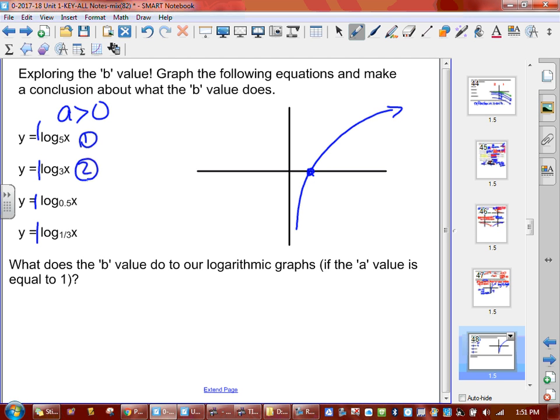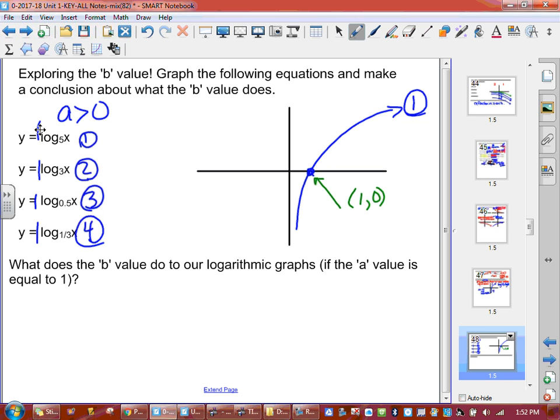The x-intercept will always be at (1, 0) for a log. We never have to calculate or find y-intercepts. X-intercepts. So our only x-intercept ever is 1. If you get asked a trick question that says, what is the x-intercept of this nasty looking log? 1. Okay? It's always 1 for us. All right. Graph 2. Any guesses? Do you think it'll be higher or lower?